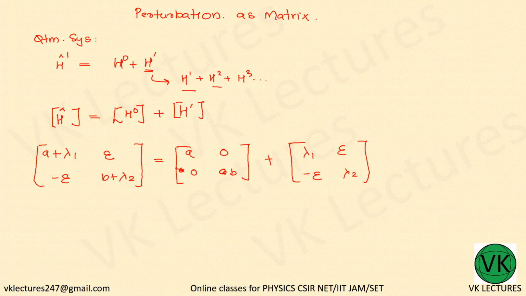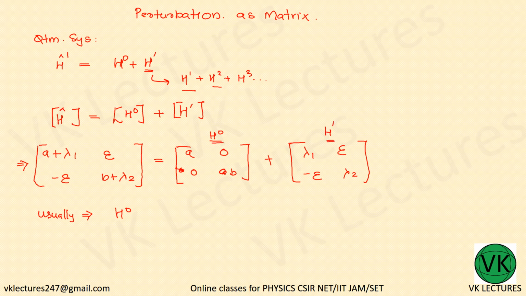So this is how we can write the perturbation or the matrix. How can we represent the perturbed Hamiltonian H dash? Usually what is given is H naught, which is this is H naught, this is H dash.